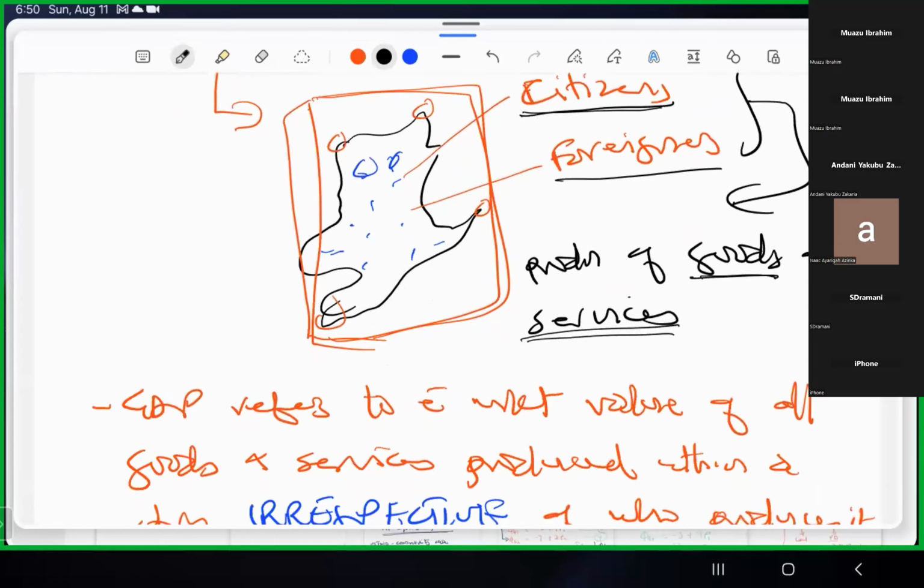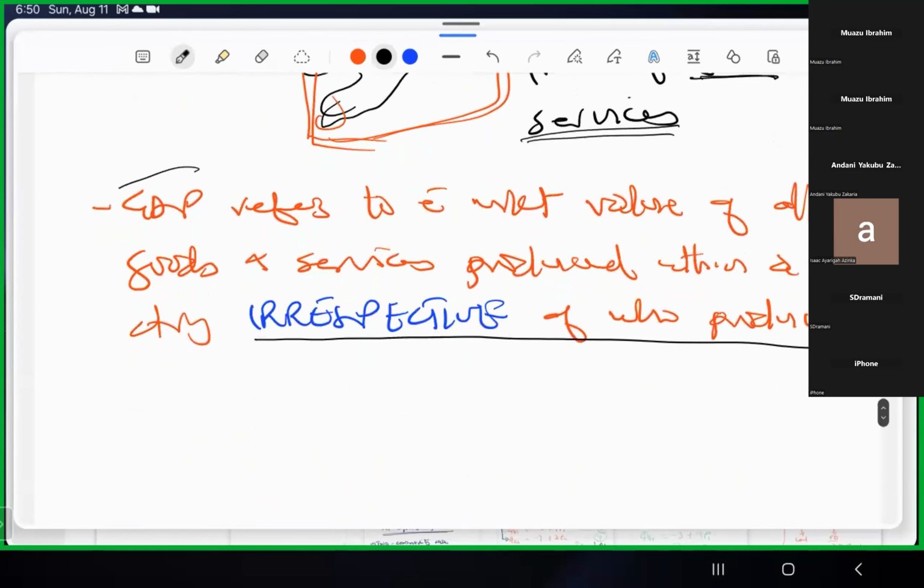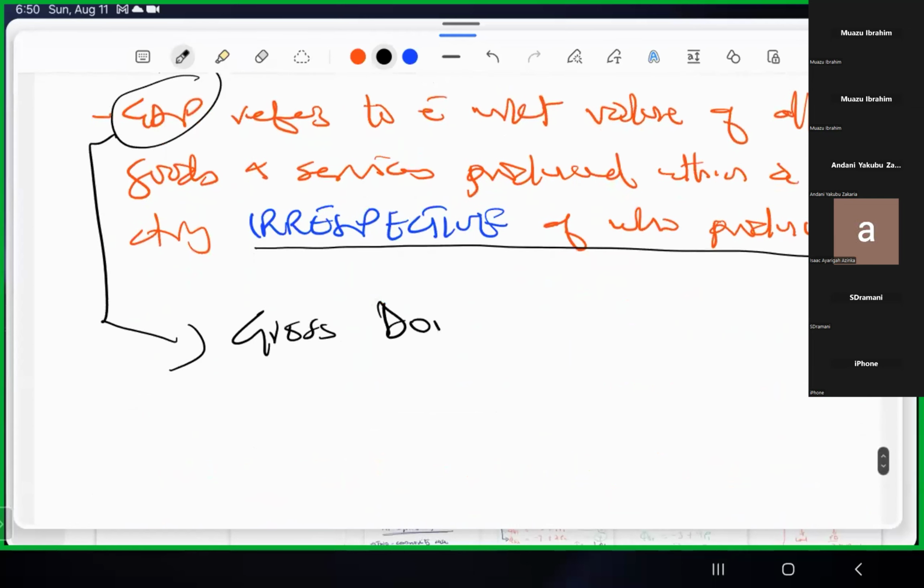GDP. And the full meaning of GDP is the gross domestic product.